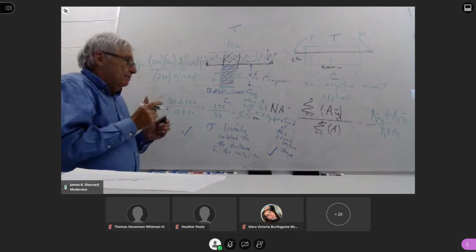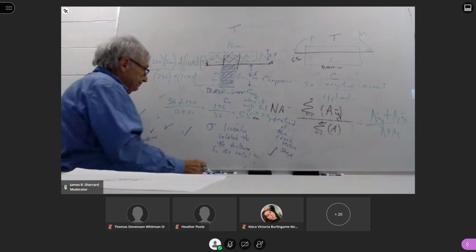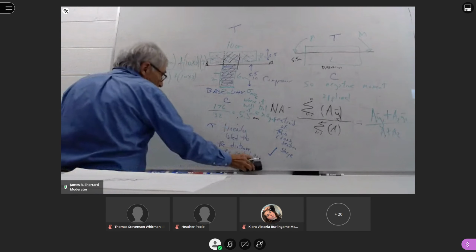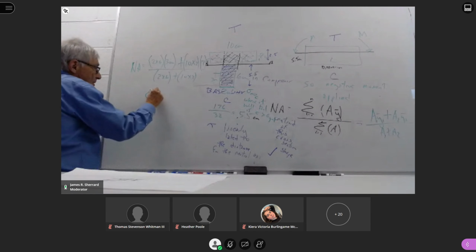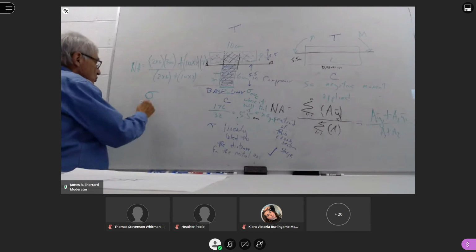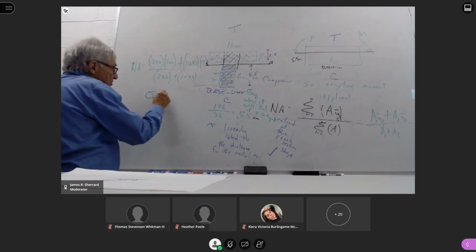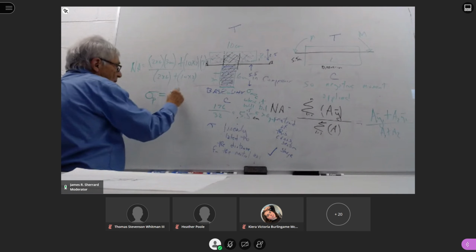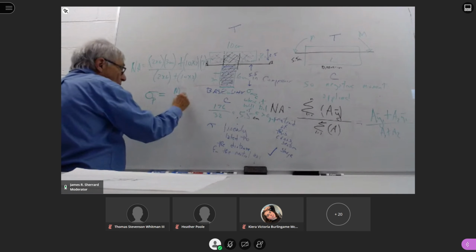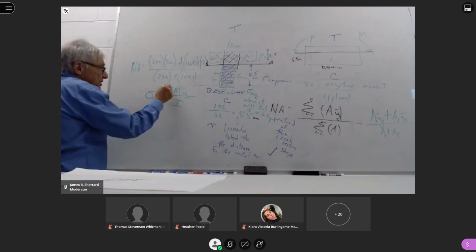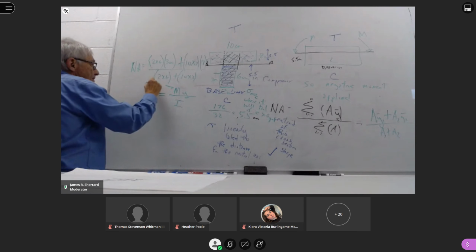When we meet on Wednesday, we're going to develop the equation where you can find the plane stress at any point in a system. And this is going to be the moment applied, y divided by I, where this is the applied moment.